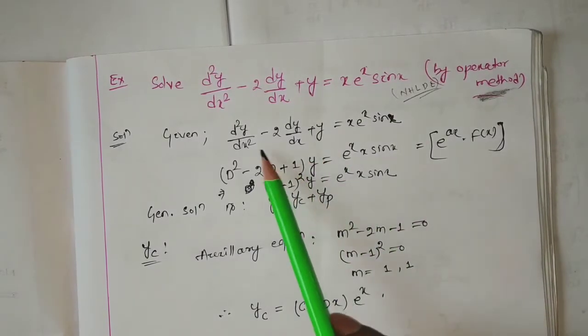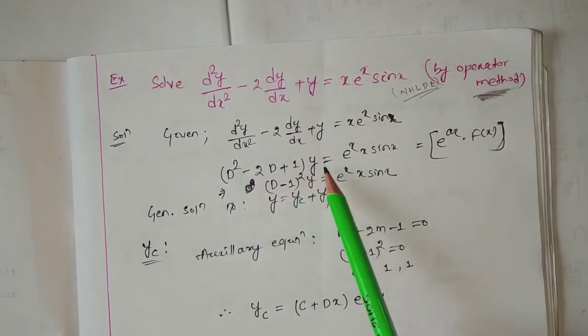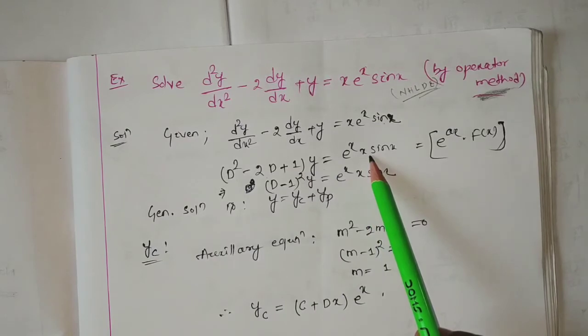The given differential equation can be written in this format: (D² minus 2D plus 1) y equals eˣ x sin x.